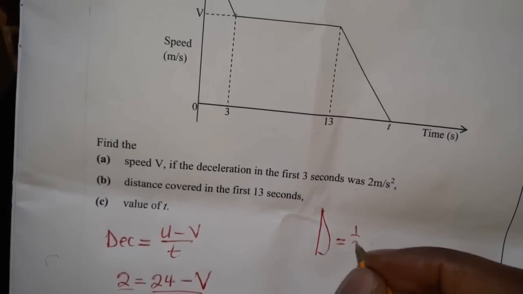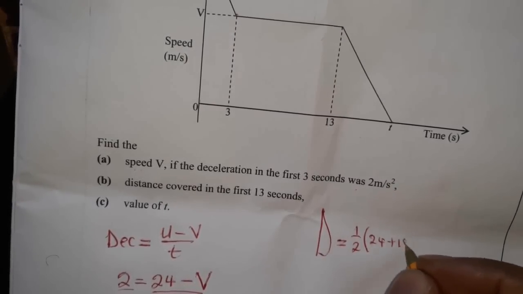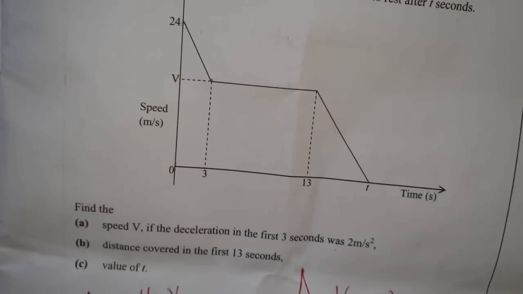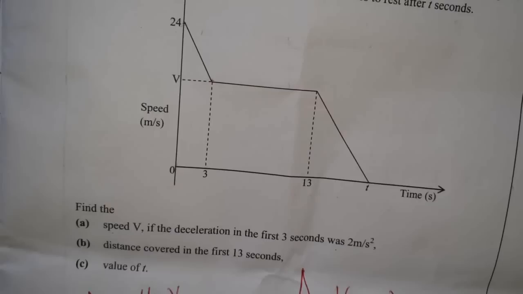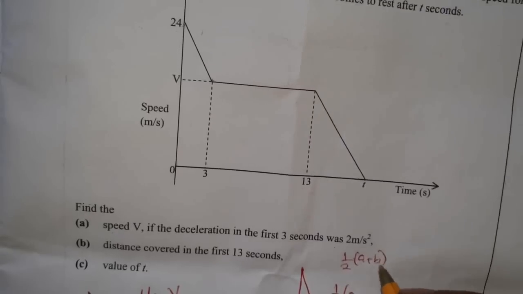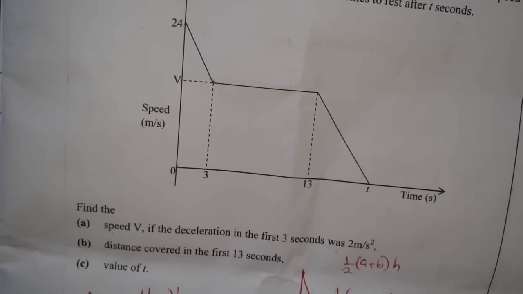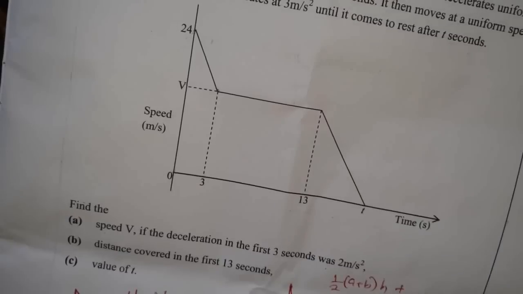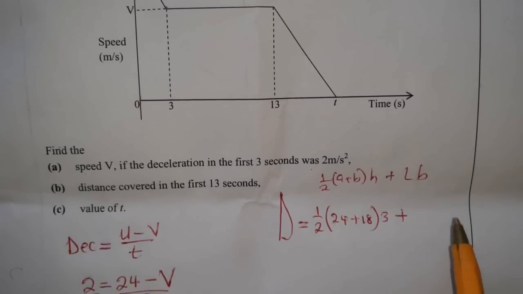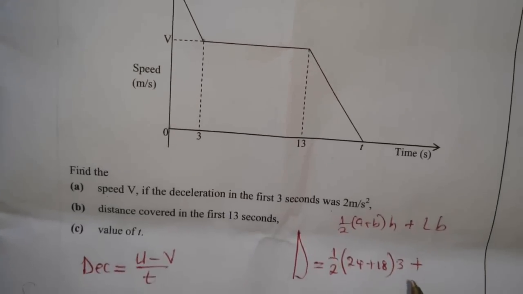It's going to be 1 over 2, 24 plus 18. Then the height here is 3. We are using the formula (A plus B) times H over 2 for the trapezium, then plus L multiplied by B, which is the area of this part, which we are calling a rectangle.